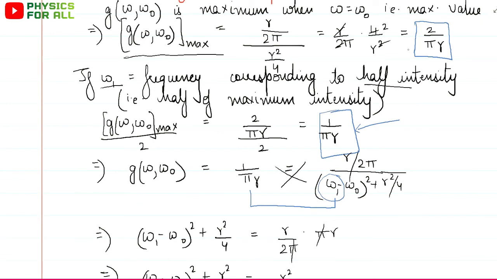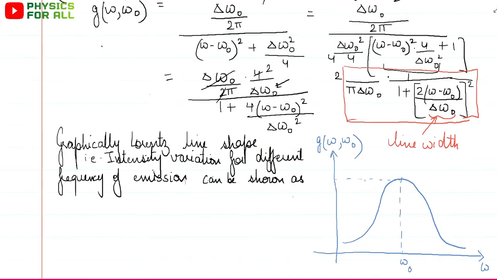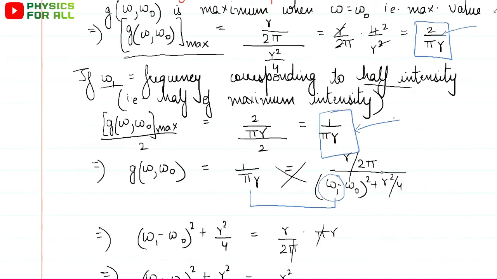This was the maximum value, 2 upon pi gamma, for g(omega, omega naught) maximum. That is the peak. So here we can write 2 by pi gamma. This corresponds to omega naught because we found this value when we put omega equal to omega naught.